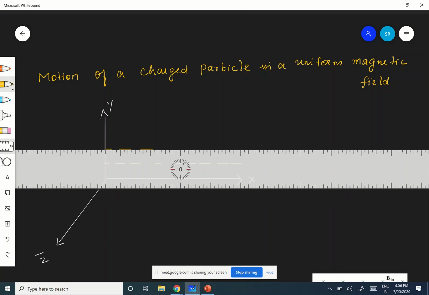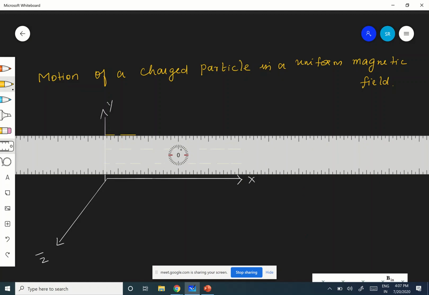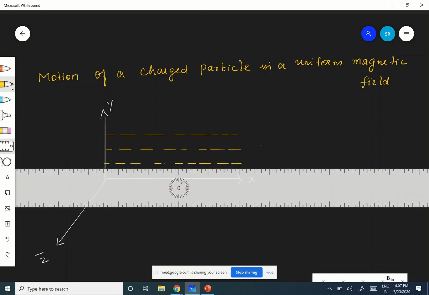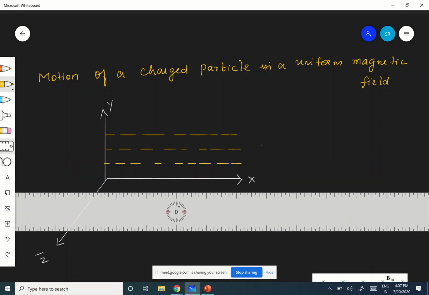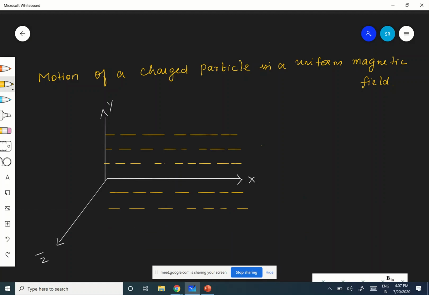This is the uniform magnetic field now, along the x direction. This is the direction of the magnetic field, therefore this is B.